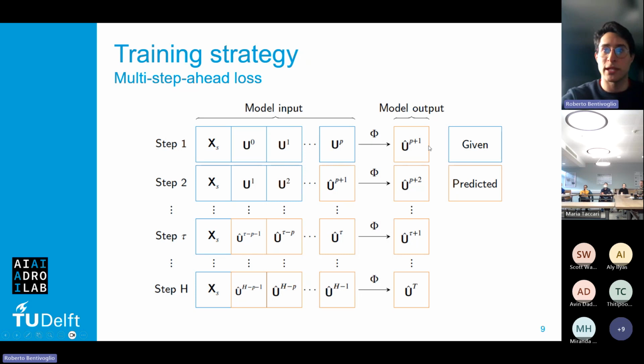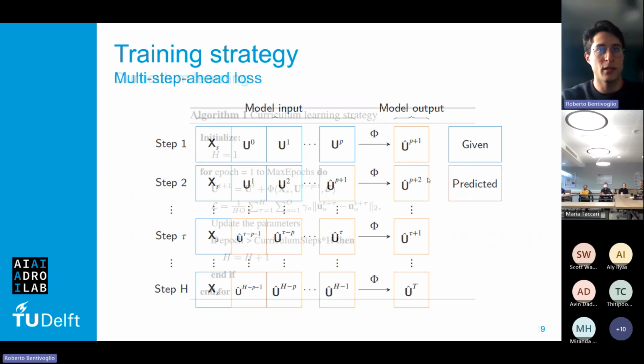So first we want to predict well from t to t plus 1. After this is done, after a certain number of epochs or after a certain threshold of loss, then we can move on to predicting the next time step as well. So at the beginning, we'll only do the loss on time t to t plus 1, and afterwards also from t plus 1 to t plus 2, and so on.